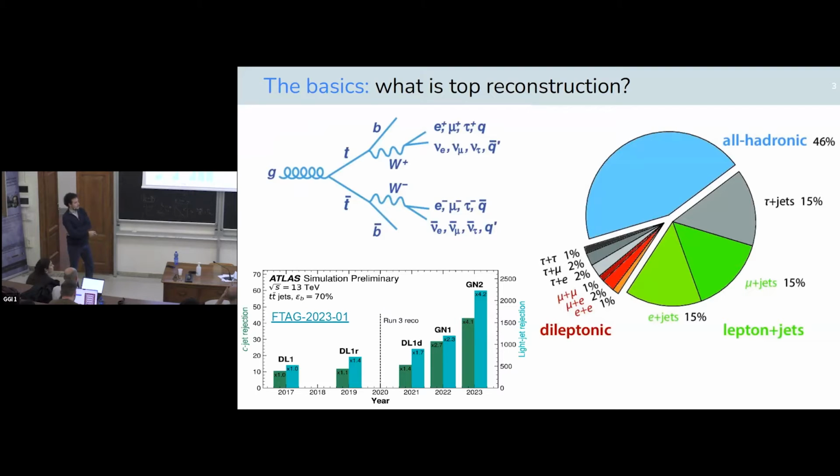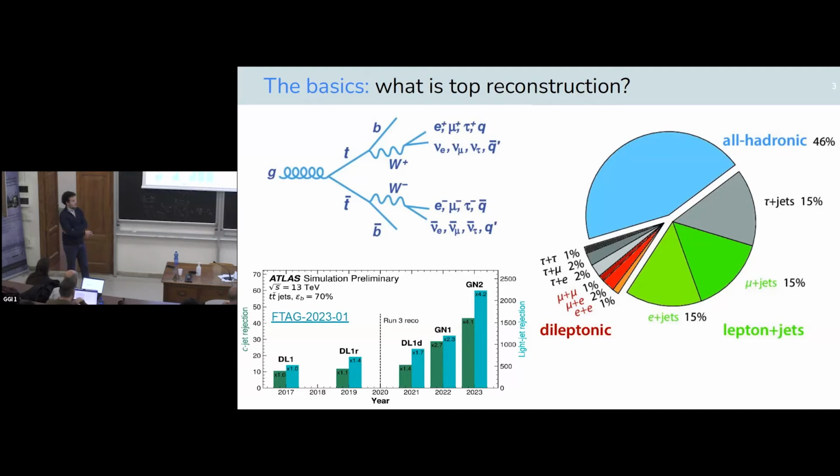Specifically on the topic of the B jets, I just wanted to point out the remarkable advances that we've made over the past few years with ever increasing complexity in our machine learning models to identify B jets. And you can see here this almost exponential increase over the past 6 years in our performance to detect these B jets very accurately.